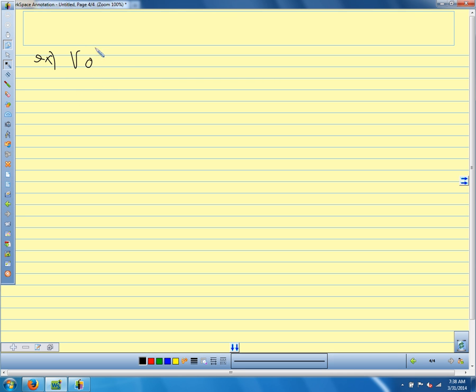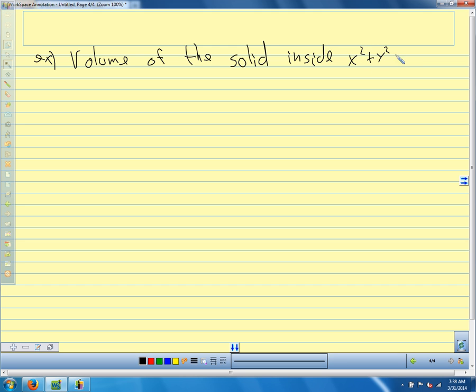We want the volume of the solid inside x squared plus y squared plus z squared equals 4, and above the upper portion of z squared equals x squared plus y squared.